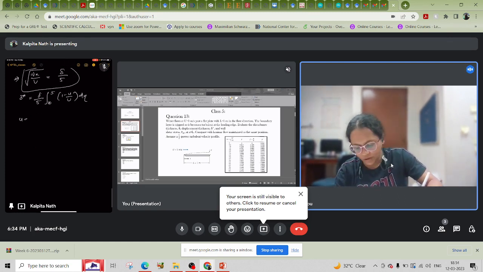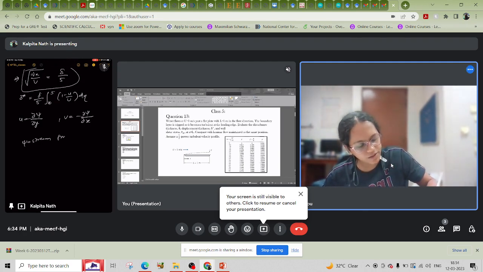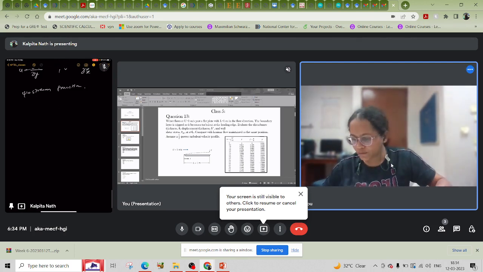Now small u is equal to del psi by del y, and v is equal to minus del psi by del x, where psi is the stream function.